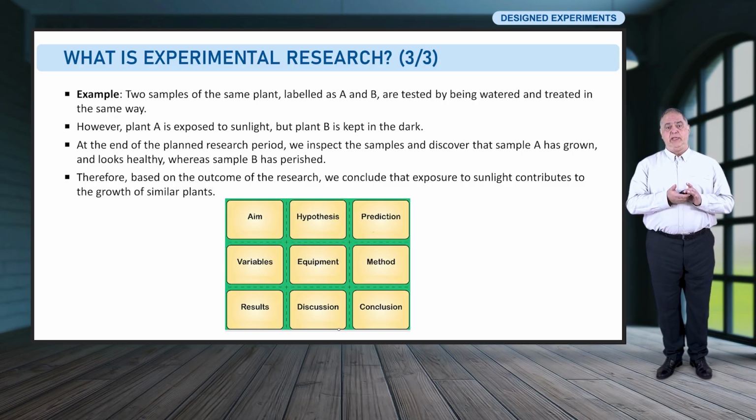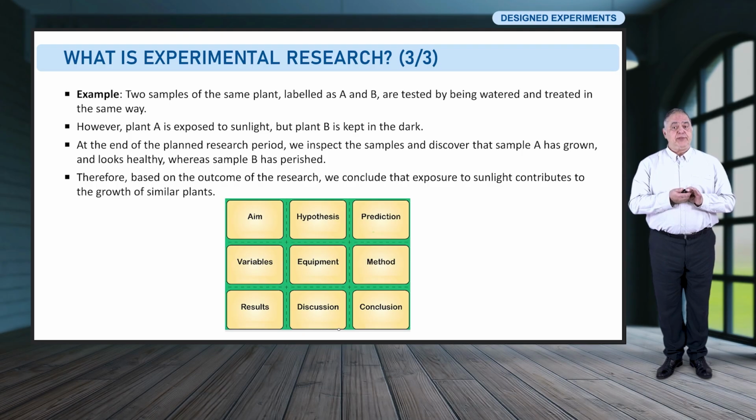For example, two samples of the same plant, labeled as A and B, are tested by being watered and treated in the same way. However, plant A is exposed to sunlight, whereas plant B is not.